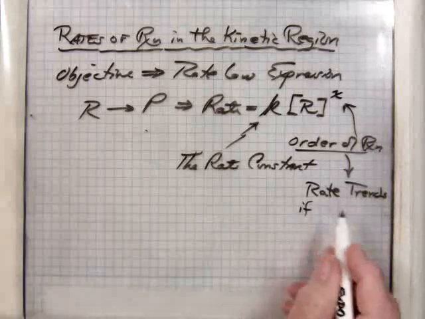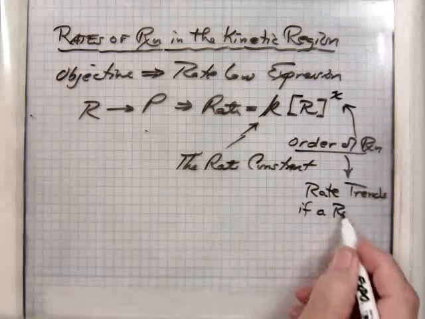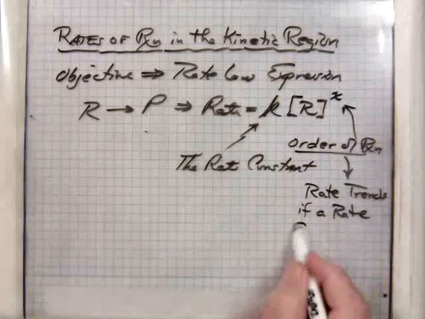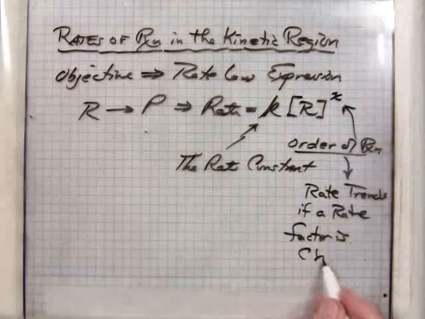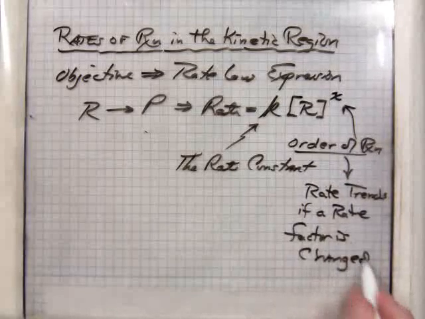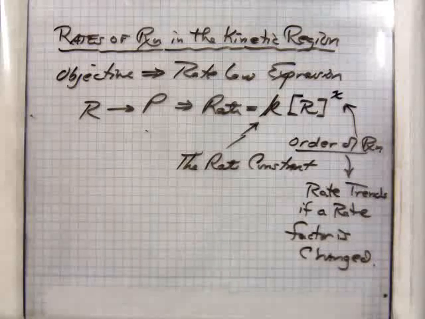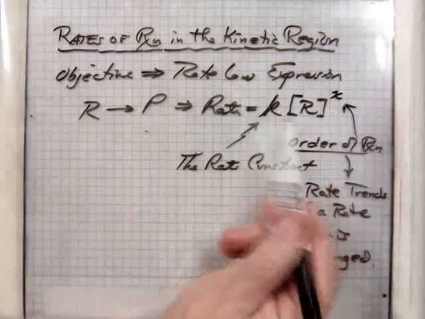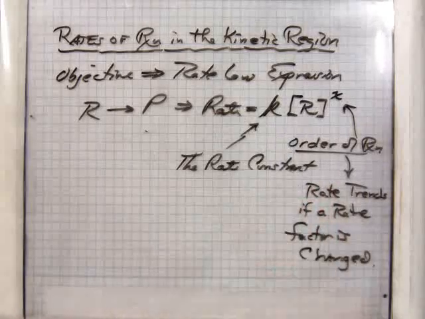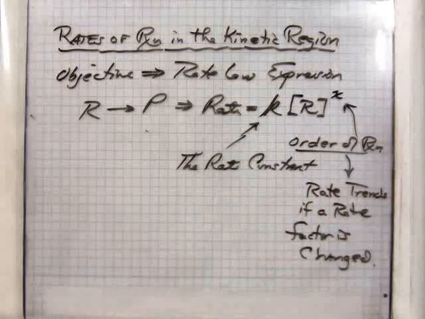If a rate factor is changed. So, what I want to do is show you how to put together a rate law for different kinds of reactions and work problems that lead us to what we call numerical rate laws.